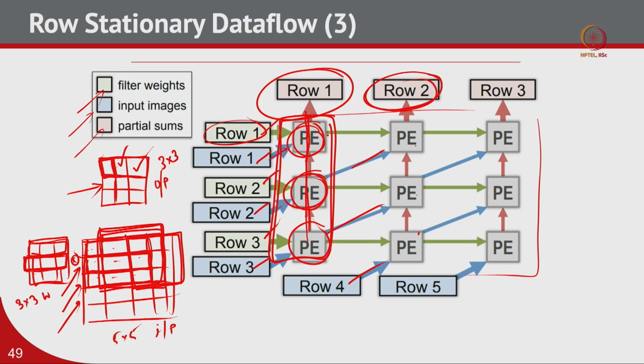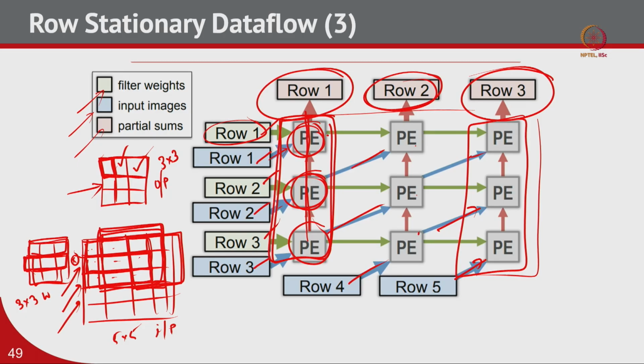Now, similarly, row 3, row 4 and row 5 has to be fed on this set of PEs to obtain row 3 of the output feature map. So, that is how this row stationary data flow works.